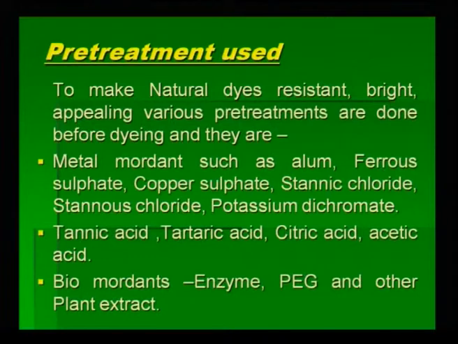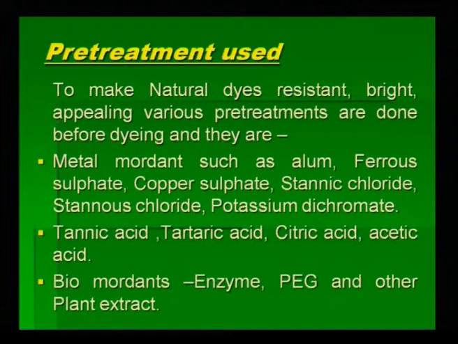Pretreatment used here to make natural dyes resistant, bright, appealing. Various pretreatments are done before dyeing, and we have learned that. Time and again I have told you the importance of pretreatment and the importance of metal mordanting.